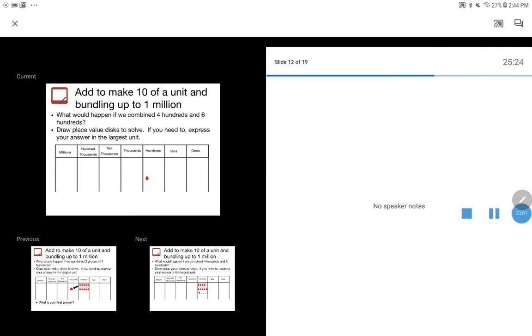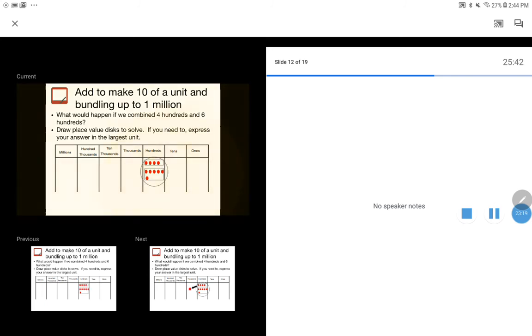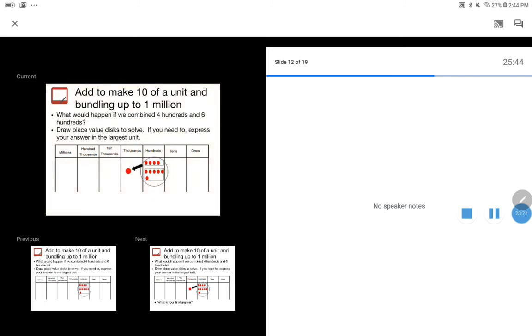So we've got 4 hundreds and 6 hundreds. If I put them together, what happens, Kelly? It'll be 1,000. Yeah, that makes 10 hundreds, which is equal to 1,000.